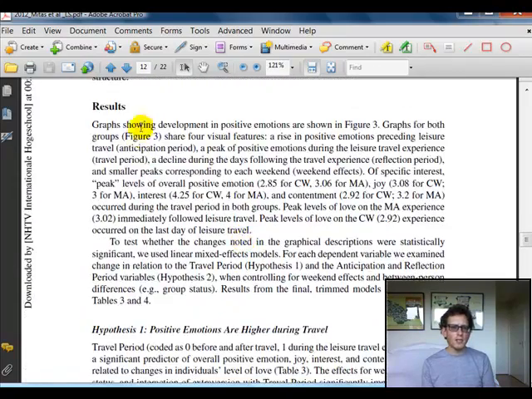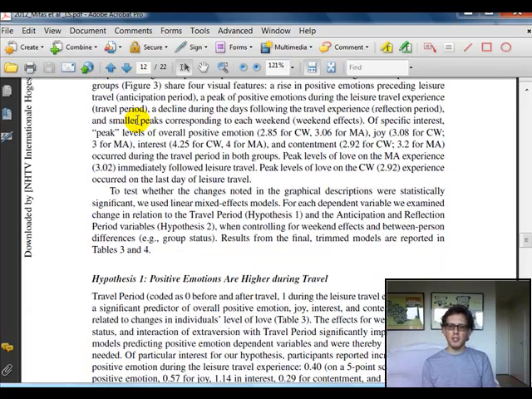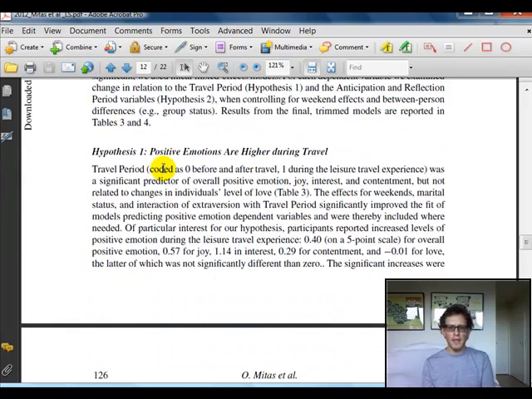And then I have a results section labeled results. And the results section is structured according to my 2 hypotheses. And you often see this in quantitative research. If you have 3 research questions, you'll have 3 sections in results, 1 for each research question.